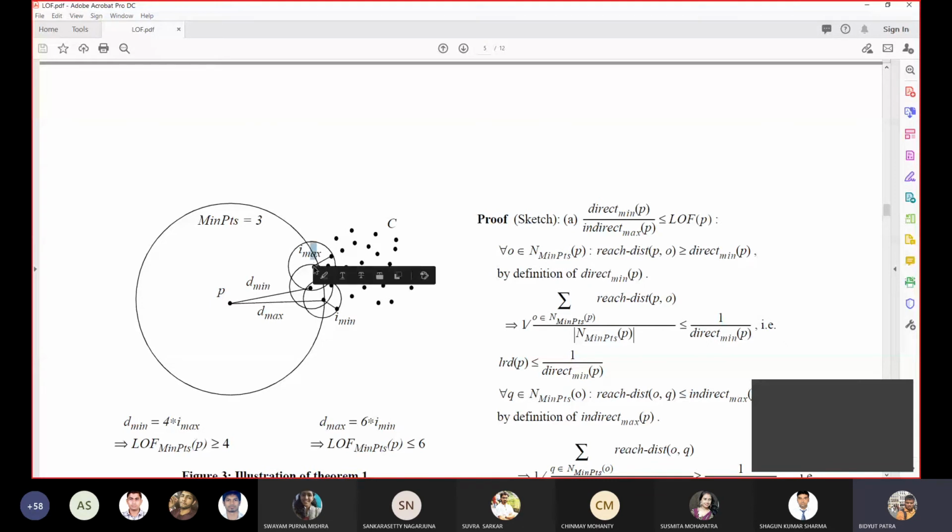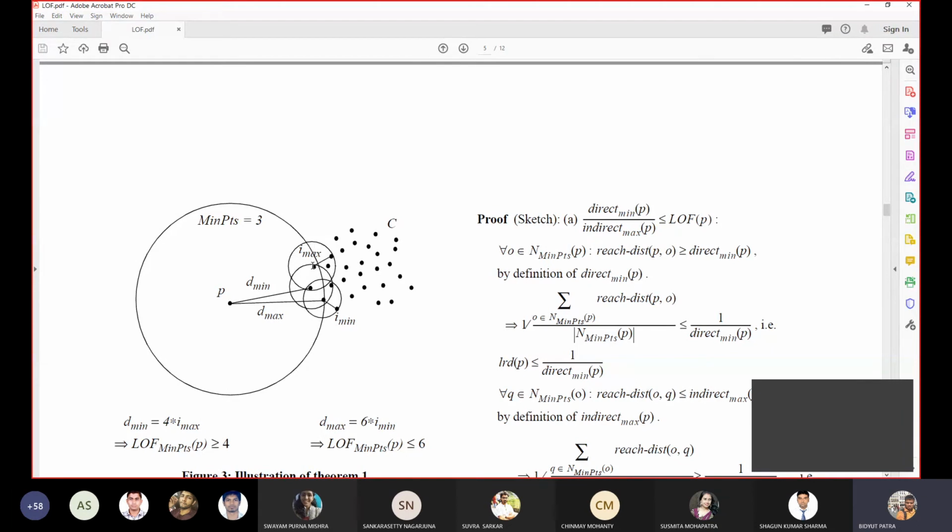For each of these points, the neighbors are 1, 2, 3. For each point you have to compute the LRD, so for all its neighbors you compute the reach distance. The reach distance of this point is the distance from here to its neighbor, and you also need the neighbors of this point, and then you take the maximum one.